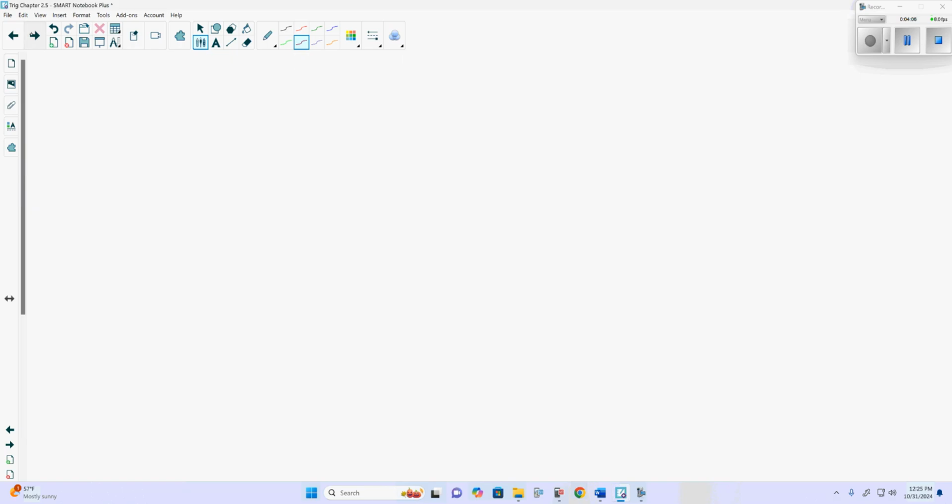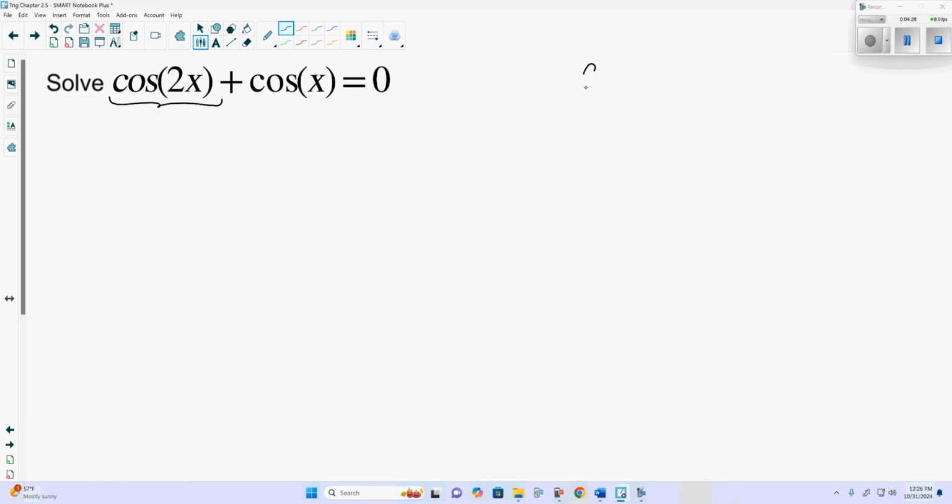All right. Let's look at the next one. Cosine of 2x plus cosine of x is equal to 0. Now the first thing we really need to do is change this cosine of 2x to just cosine of x.